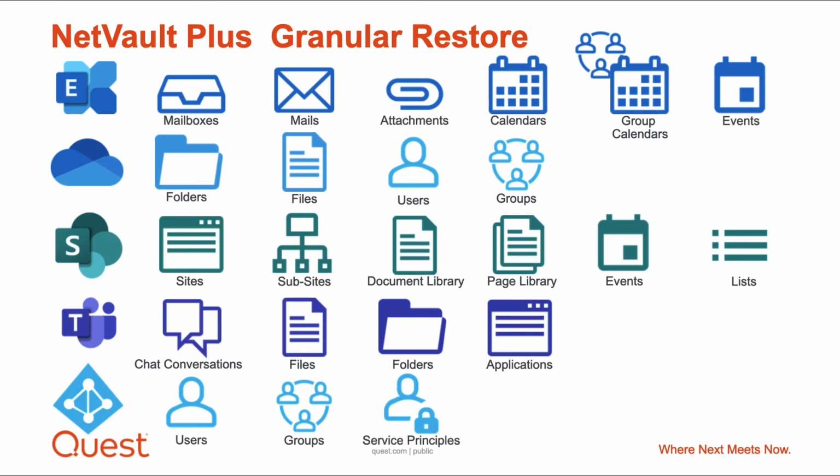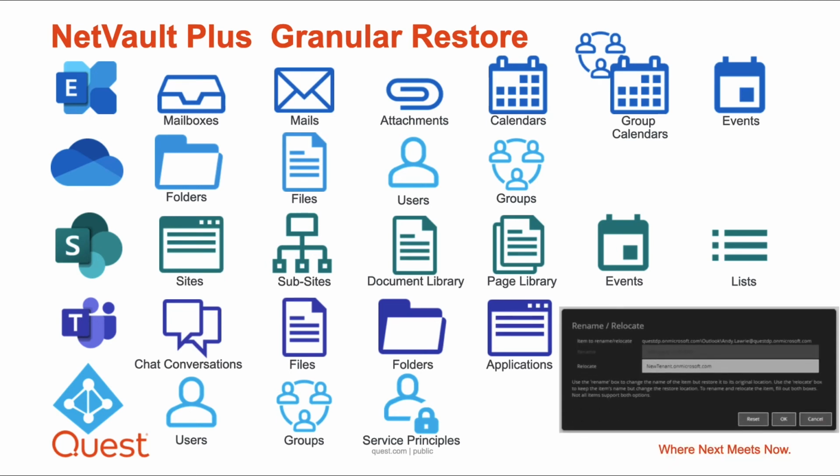So you've got the ability to search everything, and of course, not forgetting that when you do find something, if you want to rename it or relocate it or both of those to a different area, a different user, a different tenant, you have that ability too. So you can actually move things around where you want to. So if somebody's left and somebody asks for their OneDrive files, you'd go, okay, I can recover what we have and I can relocate it back to that person that's requesting it. And it just drops into their OneDrive. So super easy.